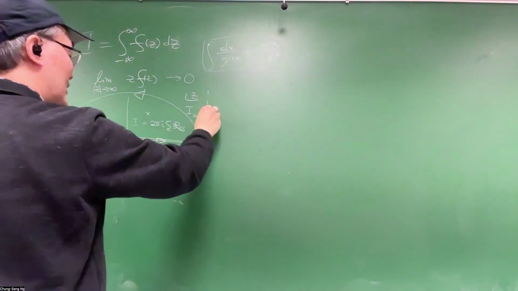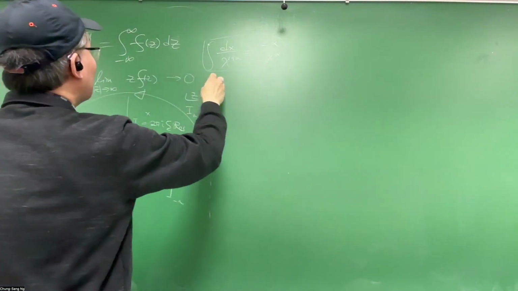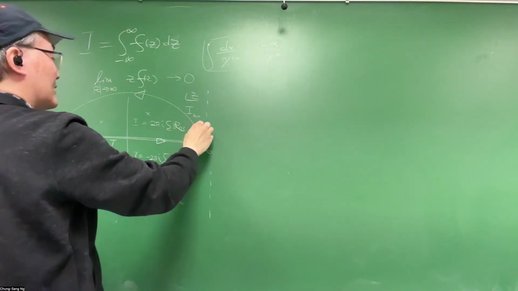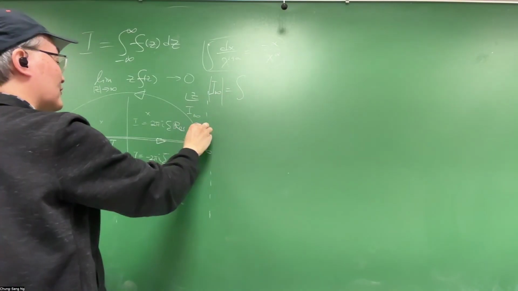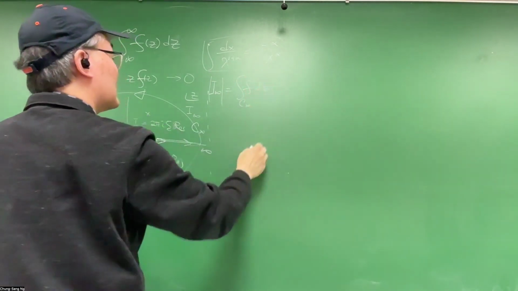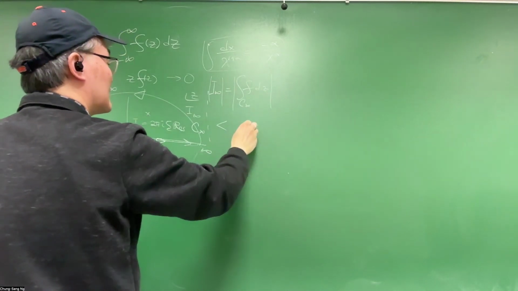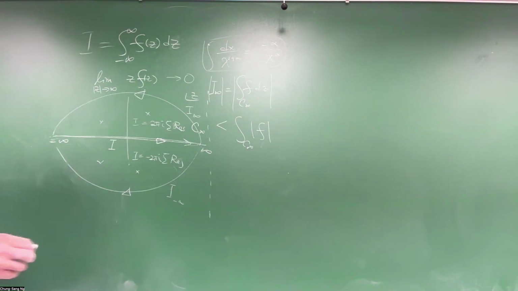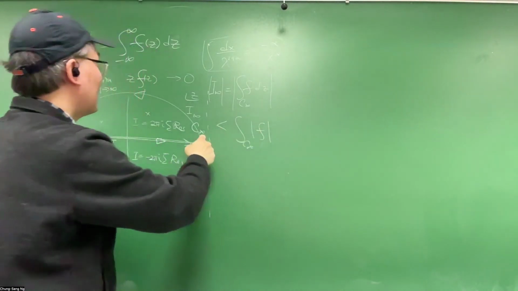The textbook has some argument if you want, but a quick argument says that if we consider the integral over C infinity, the magnitude of that integral of f dz will be less than the integral of the magnitude of the function times |dz|.